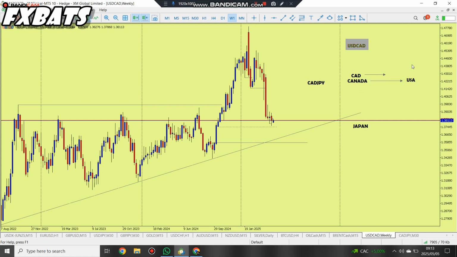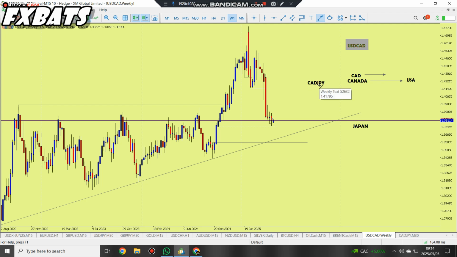Now, if the value of oil drops, then the Canadian currency will lose value, and vice versa. Again, CAD JPY is another pair that I trade, since a rise in the value of oil increases the value of the Canadian dollar.